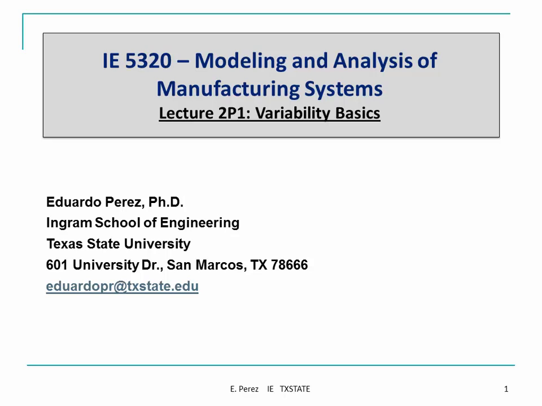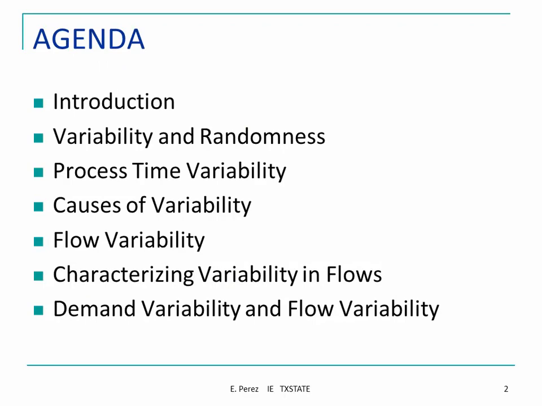Okay, so this second topic on this area of the course is variability, and I have split this topic in two parts. So we're going to focus today on the variability, and this is material that is covered in chapter 8 of your textbook. Okay, so we're going to go through all these things today, hopefully.